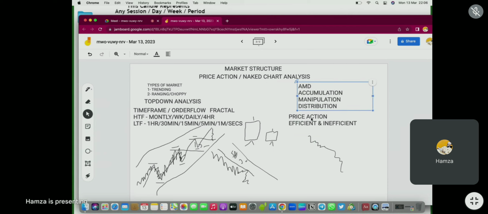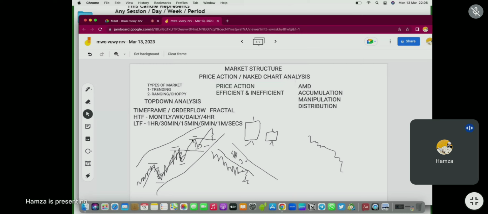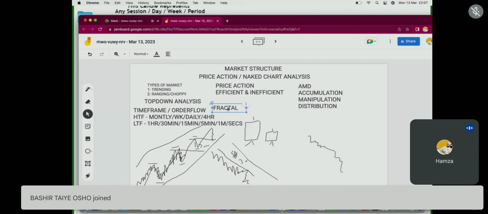Now, market structure is what you see on the chart. Price action is what is happening on the chart, the rationale behind what is happening. That's price action. Price in action.